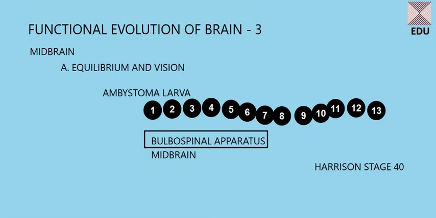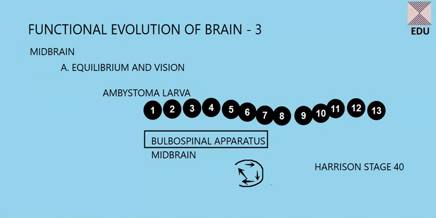In this particular stage, what we have seen is that the larva becomes comma shaped, just like this, and it starts moving in a circular direction. Just like this, it is moving in a circular direction.